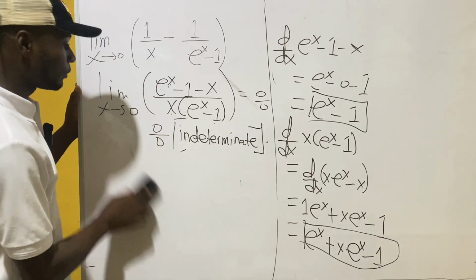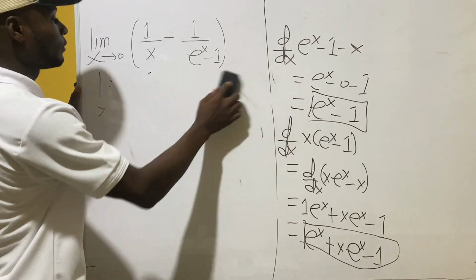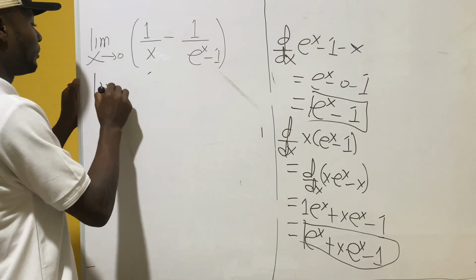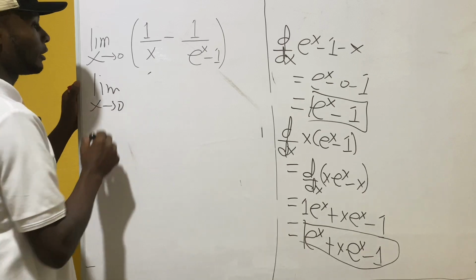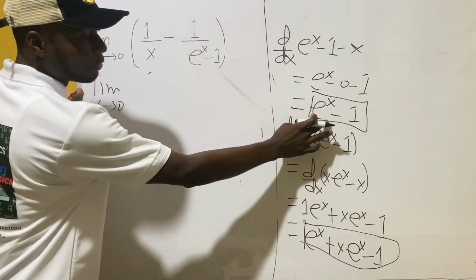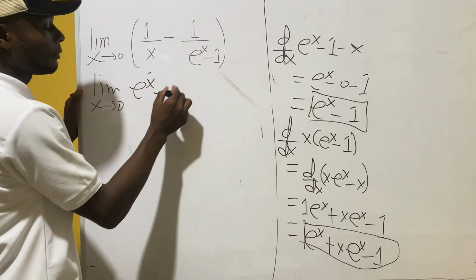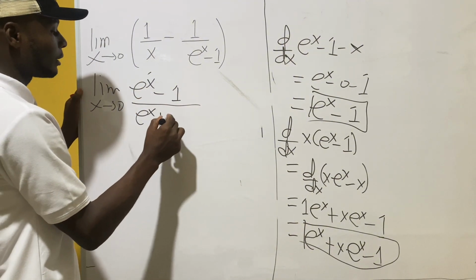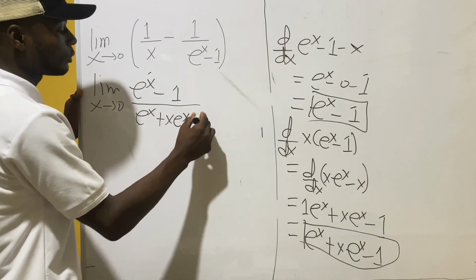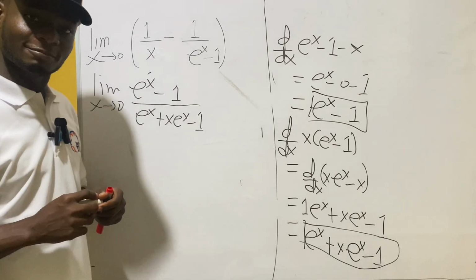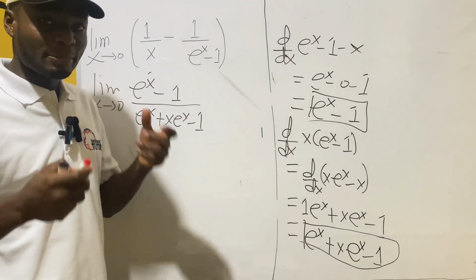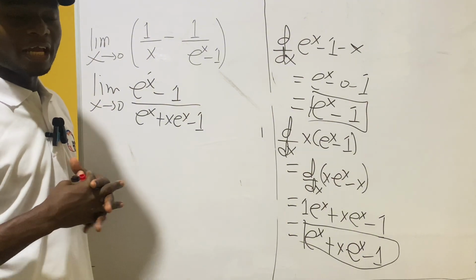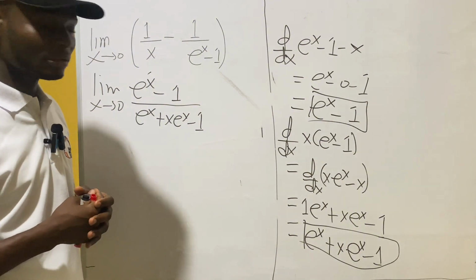Now let's look at how we can evaluate them. We have the limit as x approaches 0 of e power x minus 1 all over e power x plus x e power x minus 1. Can we still apply direct substitution and have our solution?